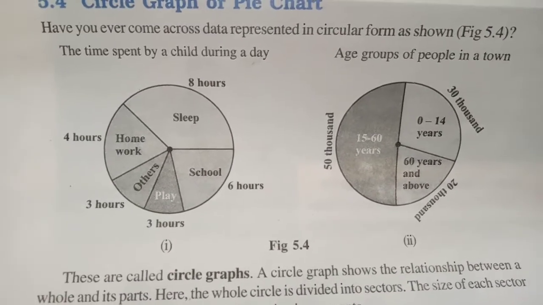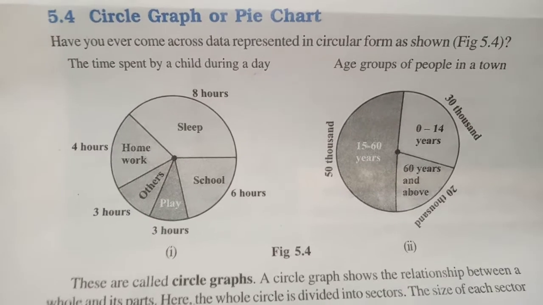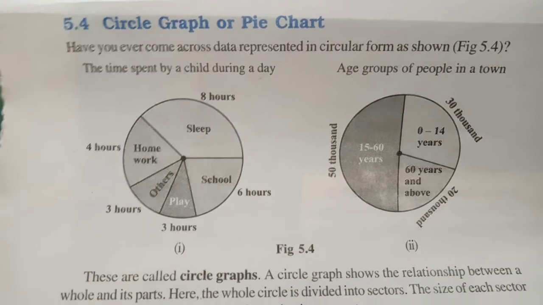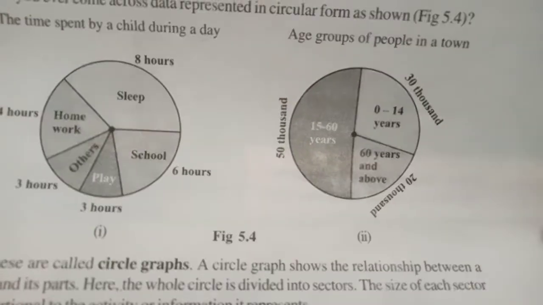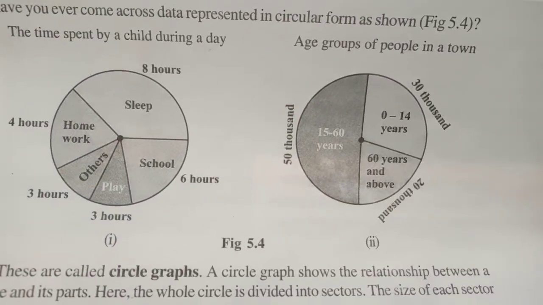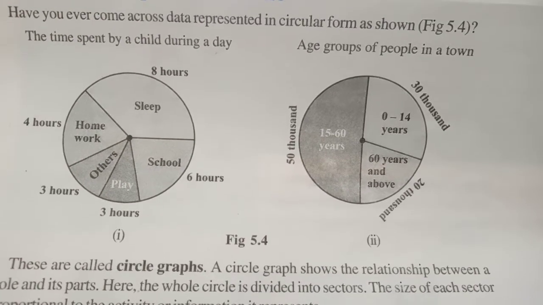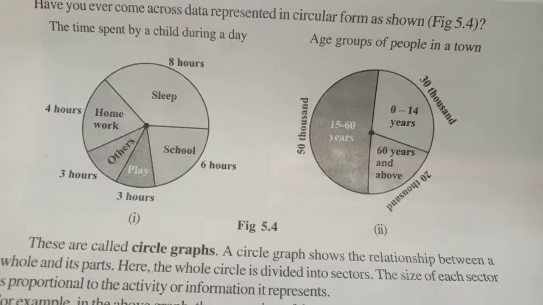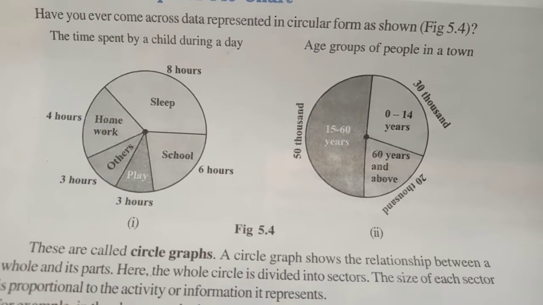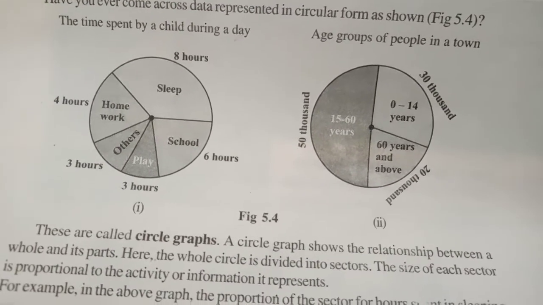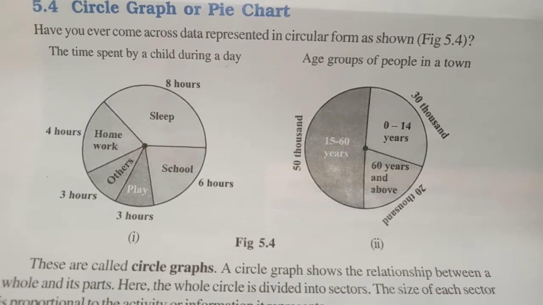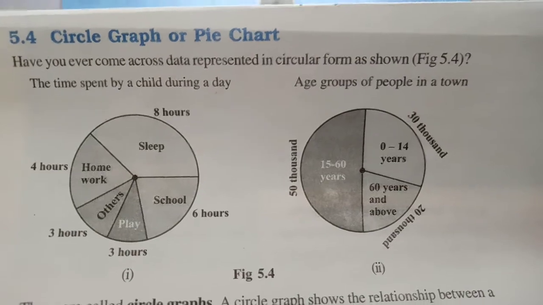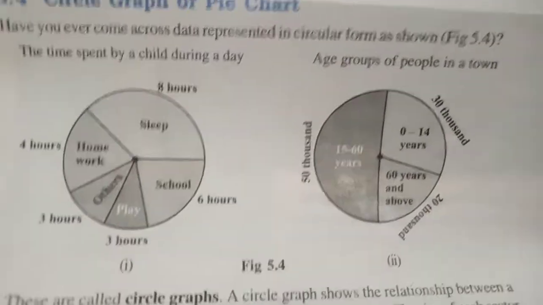The given information is divided into sectors and converted into angles using the total angle in a circle, 360 degrees. A circle graph shows the relationship between the whole and its parts. The whole circle is divided into sectors, and the size of each sector may be different because it differs based on the information. This is a pie chart.